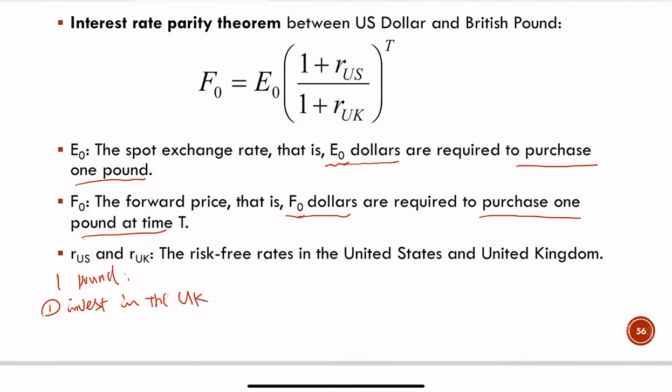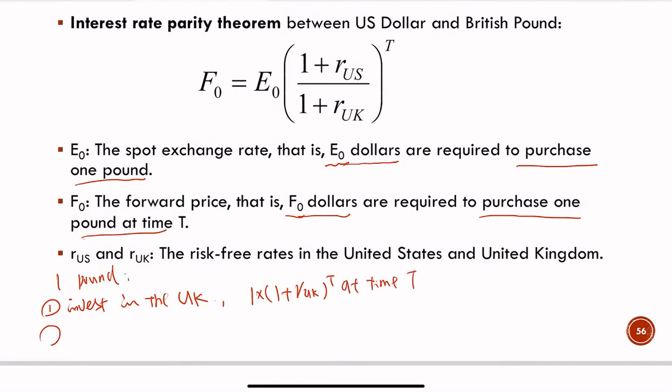So you can see that at time t, you will have 1 times 1 plus the rate in the UK. This is your future value at time t.